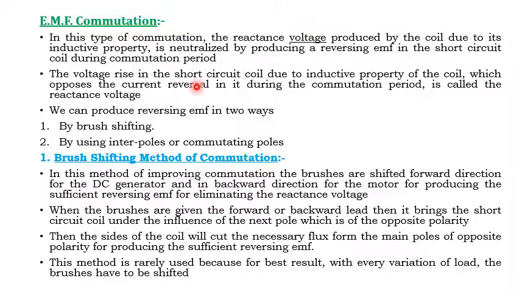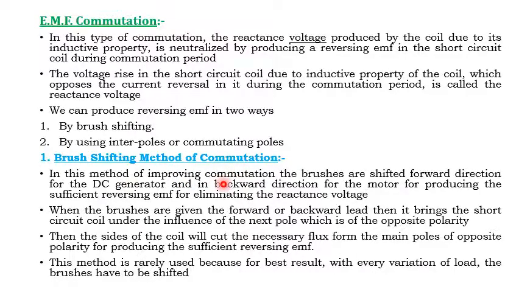Now, this can be achieved in two ways. One is by brush shifting, another one is by using interpoles or commutating poles. Now let us discuss the brush shifting method of commutation.